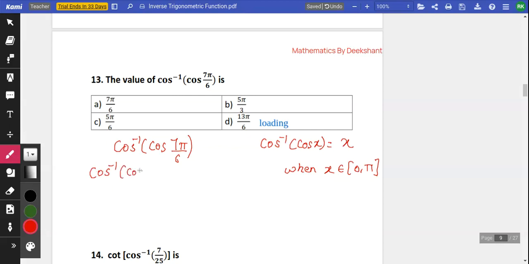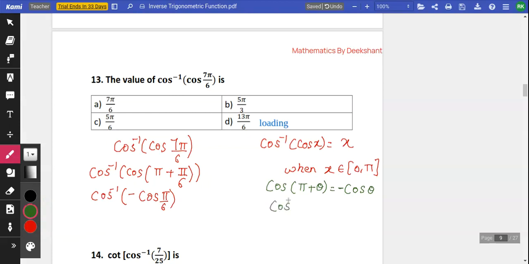So we try to convert it in the range of 0 to pi. 7 pi by 6 can be written as pi plus pi by 6. And cos of pi plus theta is equal to minus cos theta. So cos of pi plus pi by 6 is equal to minus cos pi by 6.